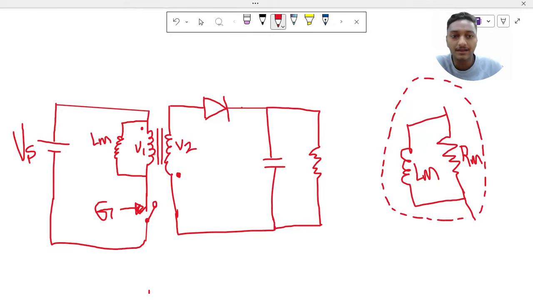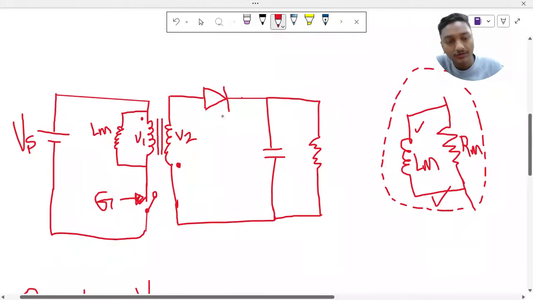But is only Lm there? No, there is Rm as well. You can see in this graph, Rm and Lm in parallel inside the transformer. But generally we keep this Rm as infinite, open it, and just show it by Lm.